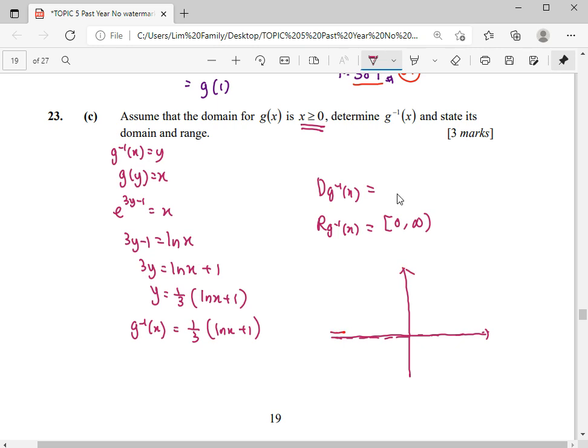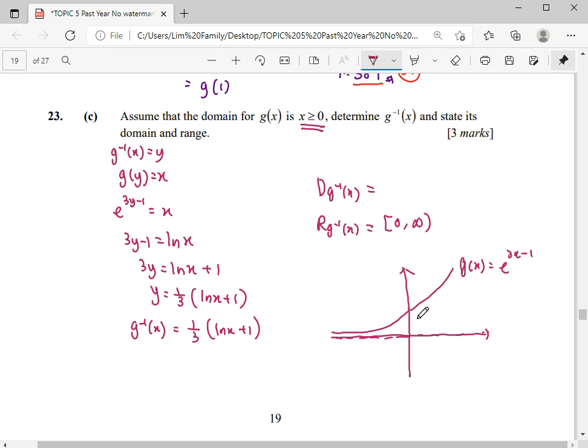This is our original graph, because e to the power of x is positive. This is our g(x), e to the power of 3x minus 1. And because of the question's condition, it made this graph become one part only.